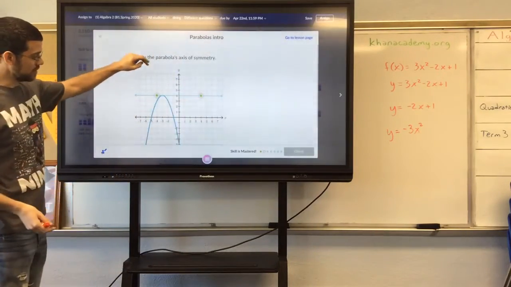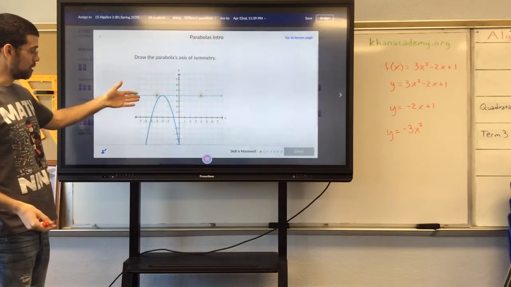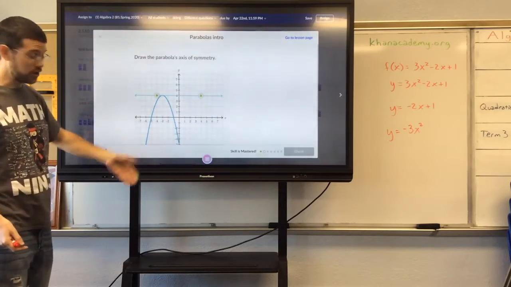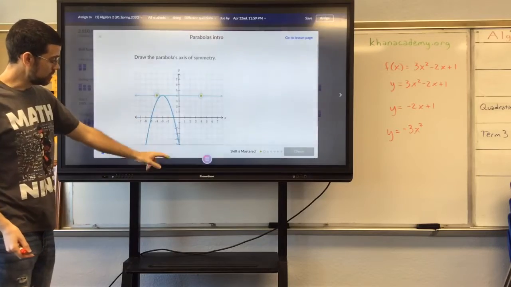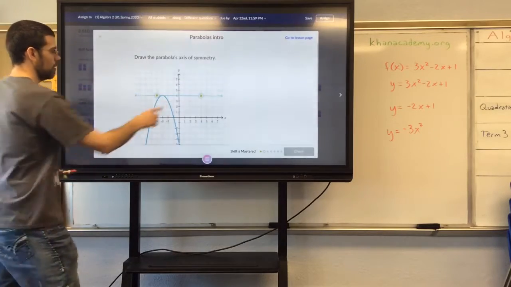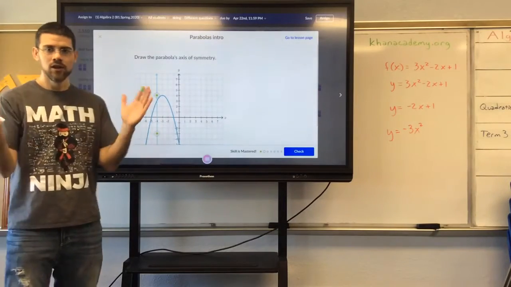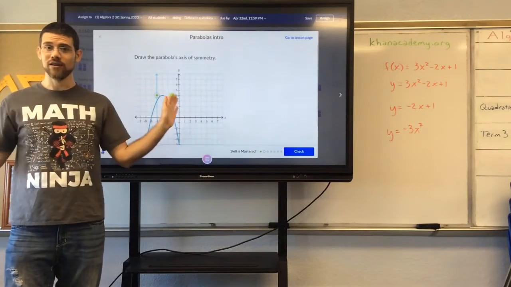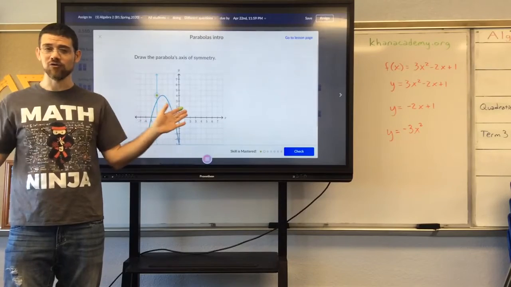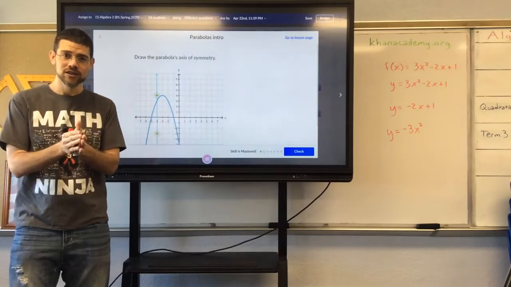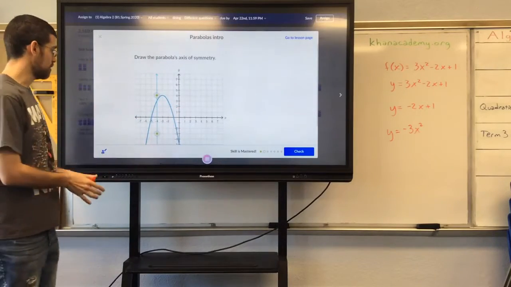So the axis of symmetry in a parabola is going to go vertically when the parabola opens down or up. So we're going to swing this around. And then you have to be able to fold that parabola, or imagine folding it right over that line of symmetry, and it should line up with itself.